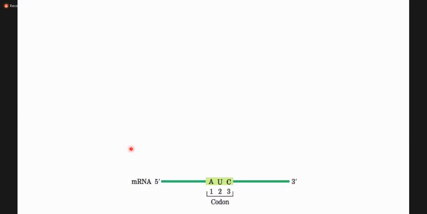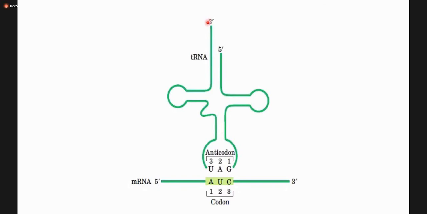Now, just the representation of the messenger RNA and the transfer RNA. The codons are in the messenger RNA. For example, we have the codon AUC, and the direction is from 5' to 3'. Whereas the anticodons, which are present on the transfer RNA, are anti-parallel, as you can see, 3' to 5'.